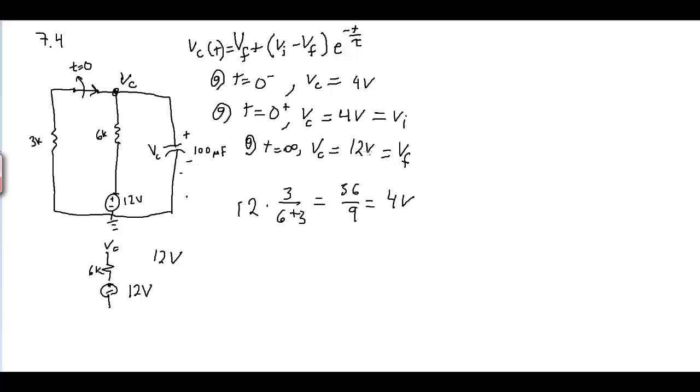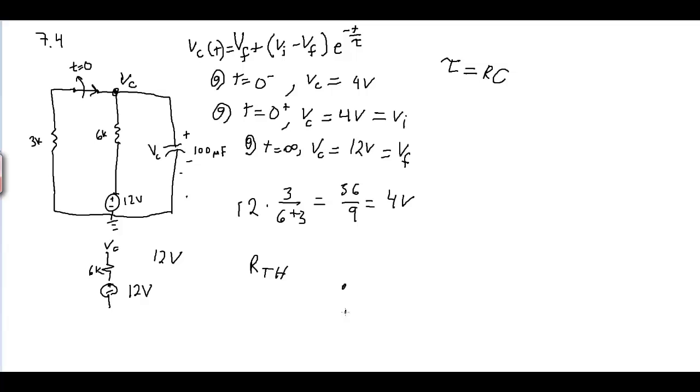Now all we need to do to solve this equation is to find tau. Tau is going to be equal to our resistance times the capacitance. Now the capacitance is given right here, but the resistance is a little trickier. This is the resistance the capacitor sees as it's in a transient state, which means we're actually going to find the R Thevenin seen by the capacitor after the switch is flipped, which basically looks like this.